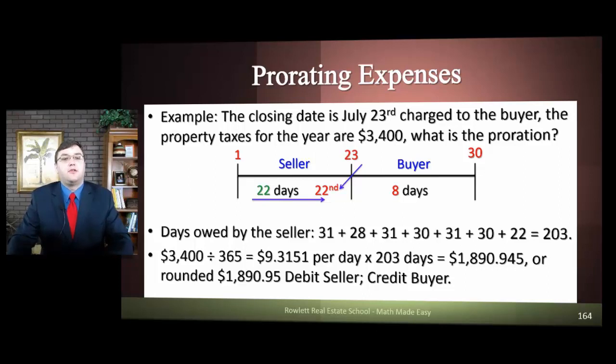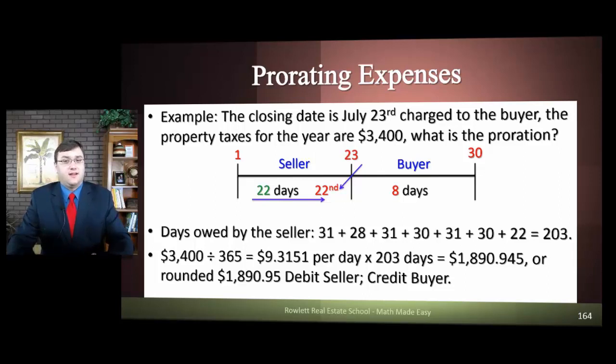When you divide that, you'll get $9.3151. Do not cut it off yet, because when the state's calculating your taxes, they're not going to round off for you either. So you take whatever that division problem was and just multiply it by the days you counted up, and there's your answer.